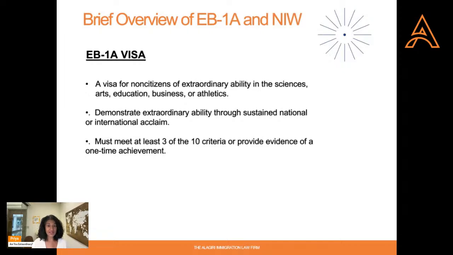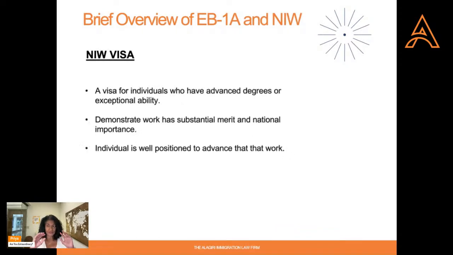You must demonstrate extraordinary ability through sustained national or international acclaim, by meeting at least 3 of the 10 regulatory requirements, or having a one-time huge achievement, like an Oscar or gold medal. Again, this is a very brief overview for those who aren't familiar with this visa.